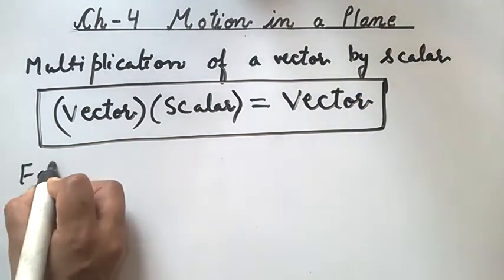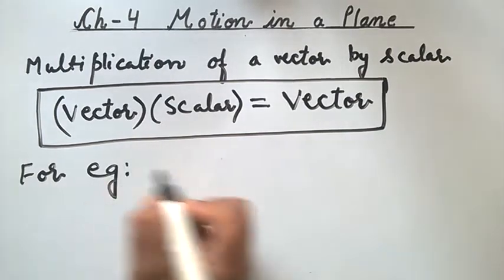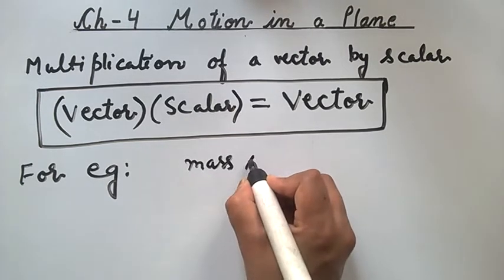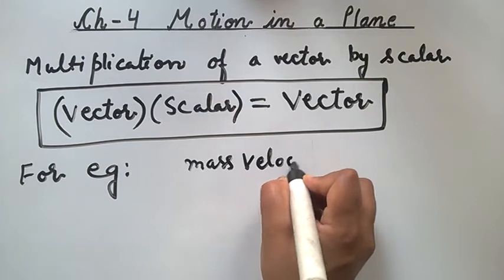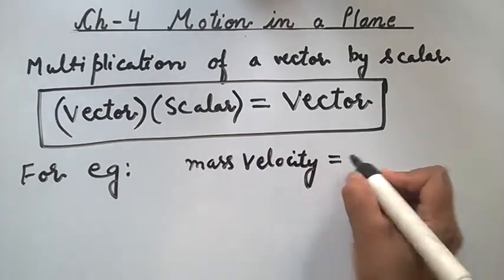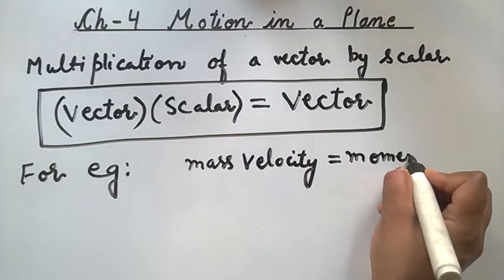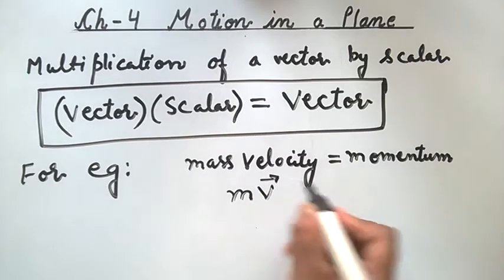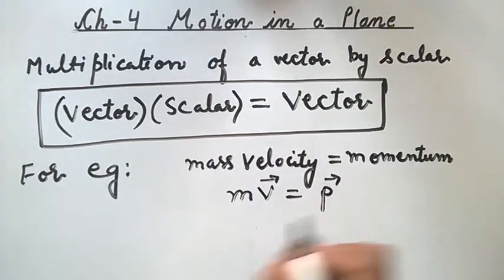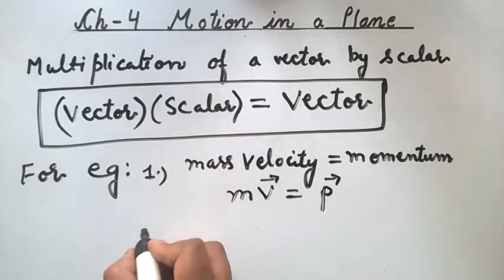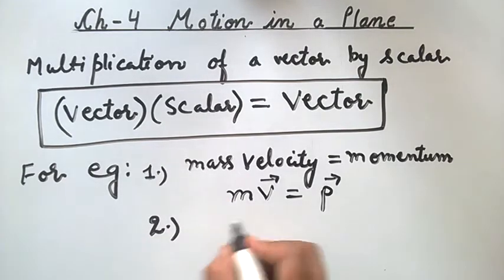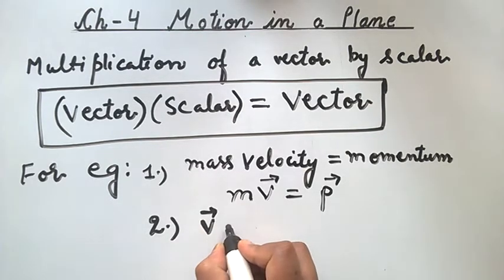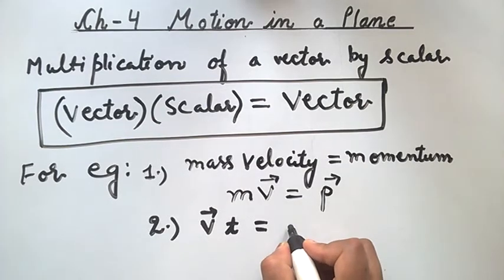For example, mass, a scalar quantity, into velocity gives momentum. That is, mv vector is equal to p vector. Similarly, velocity, which is a vector, into time gives displacement.